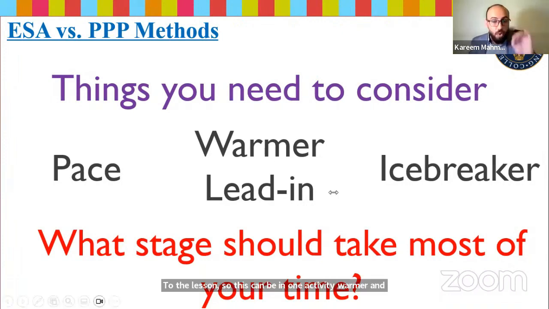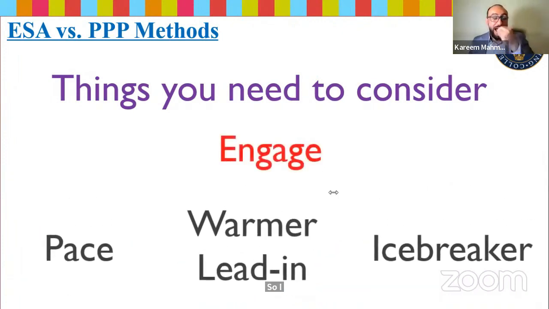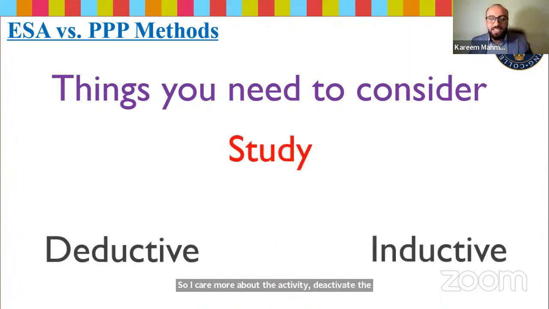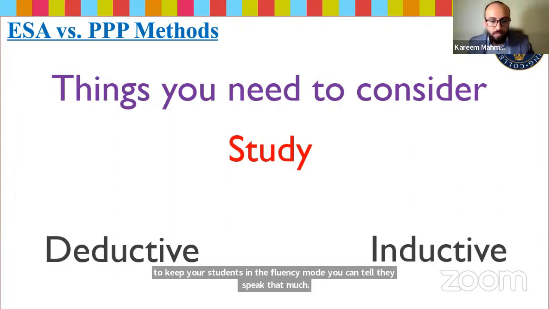So I care more about the activate stage. In the study stage, I have to be careful about something. To keep students more engaged, and to keep your students in the fluency mode, so they speak that much, you have to pay attention to the inductive approach.